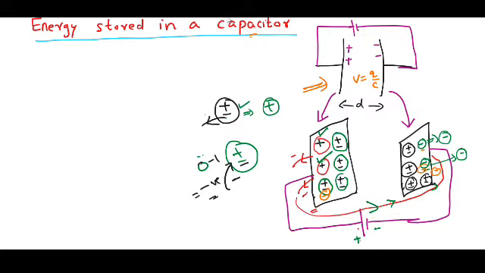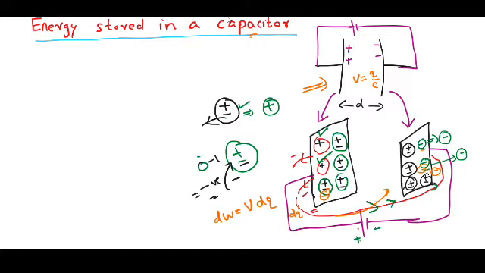That is, there will be a Coulomb repulsion. Against this Coulomb repulsion, the battery has to do a certain amount of work. The work done to transport an additional small amount of charge dq to this plate is given by dw, where dw is equal to V into dq.